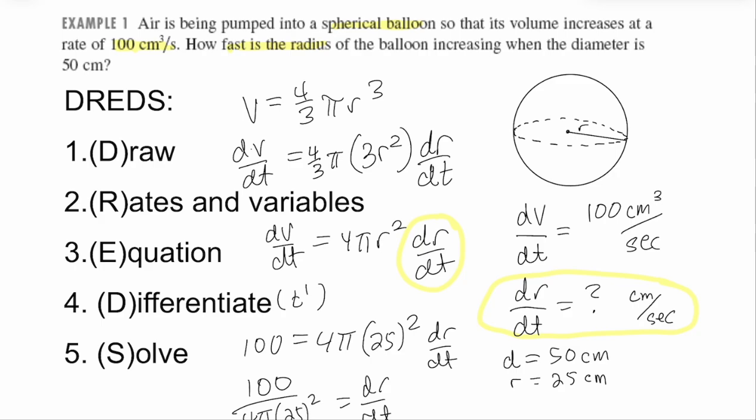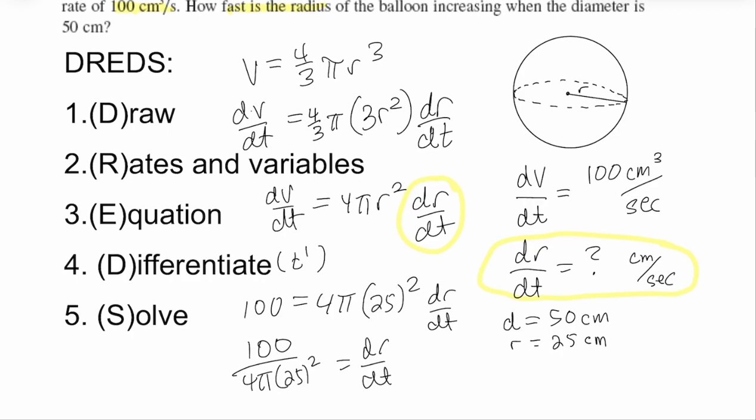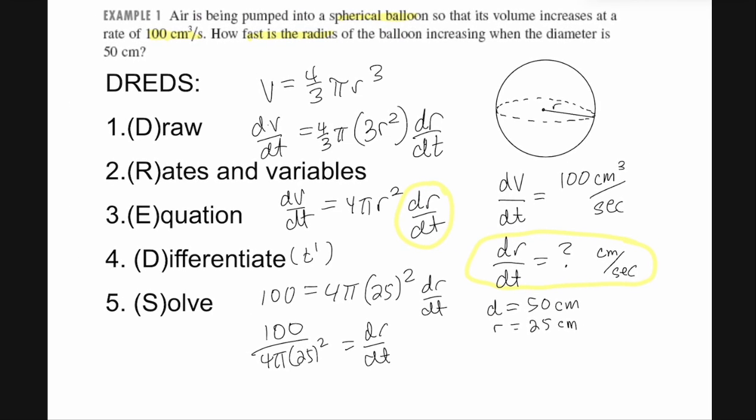Now 4 goes into 100 25 times, so I can cancel out the 4 and one of the 25s. So that is 1/25 pi centimeters per second.